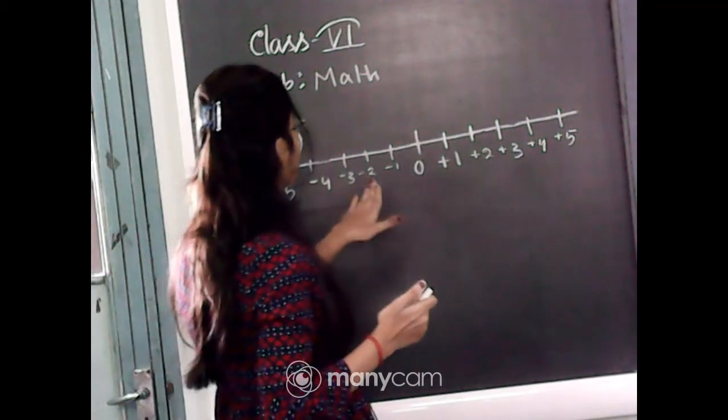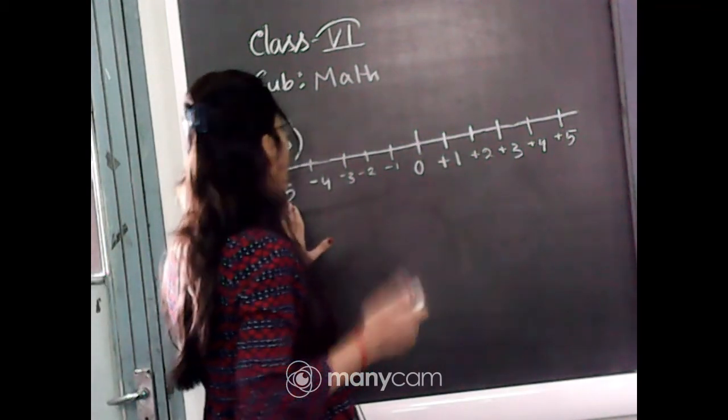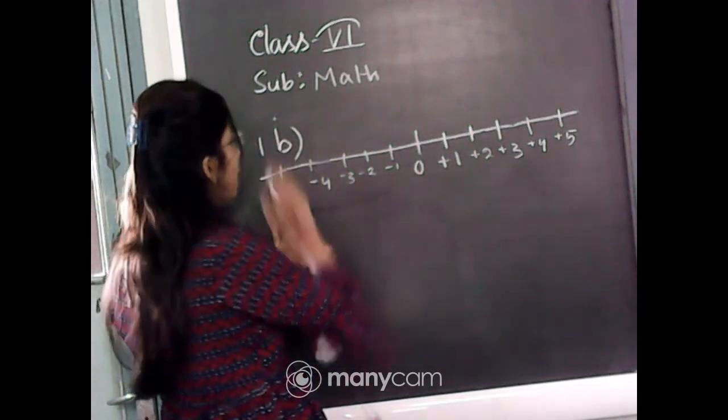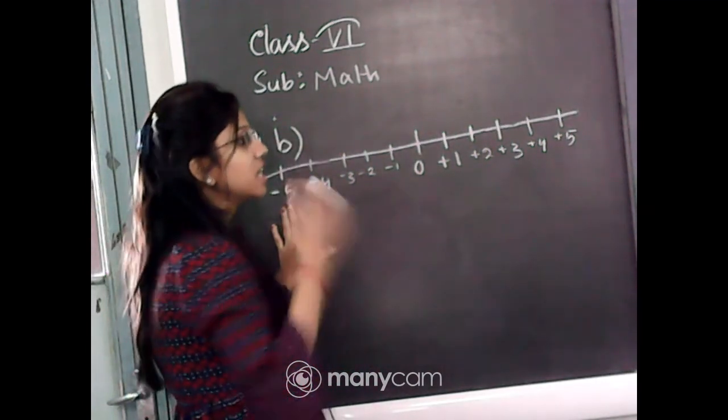So we start from minus 5 and proceed 5 steps to the right.